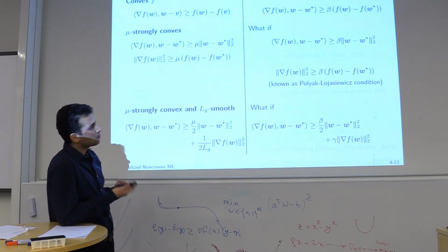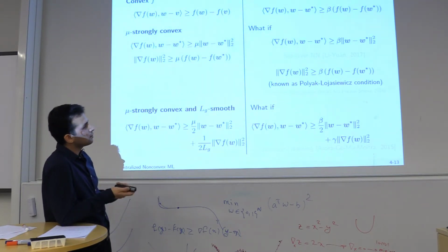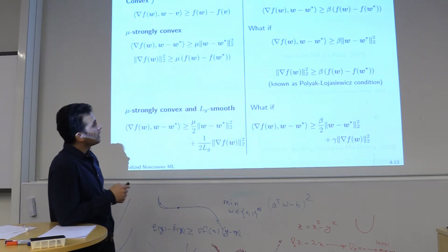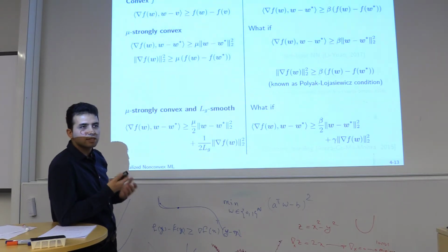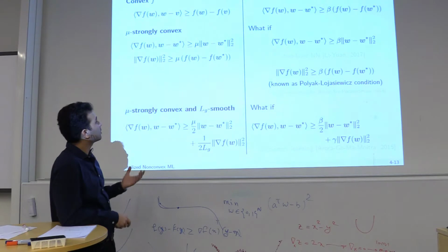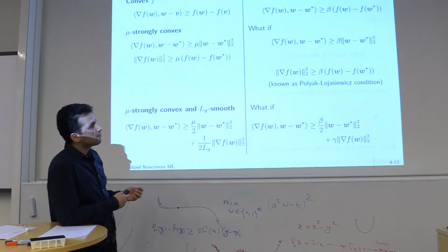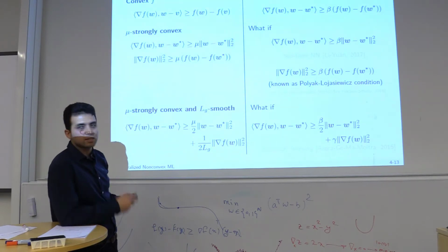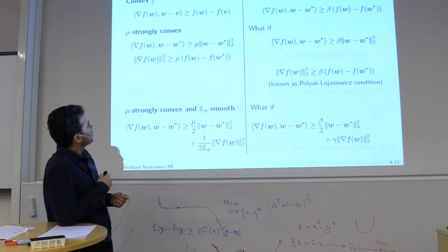What I'm trying to do is make similar forms of constraints or inequalities that we can have, but the function doesn't need to be convex. So they are much more general than convex functions or mu strongly convex functions. There are lots of functions which are not convex or mu strongly convex, but they can satisfy these conditions, okay?